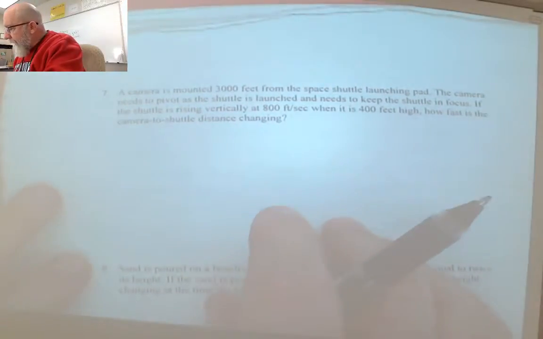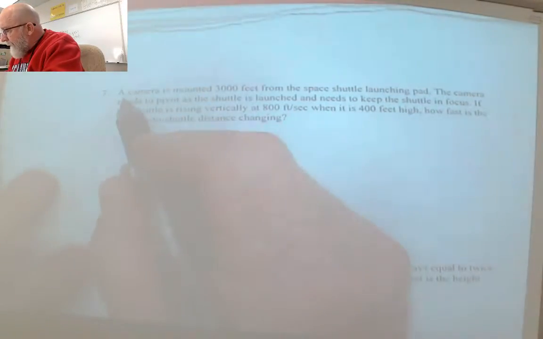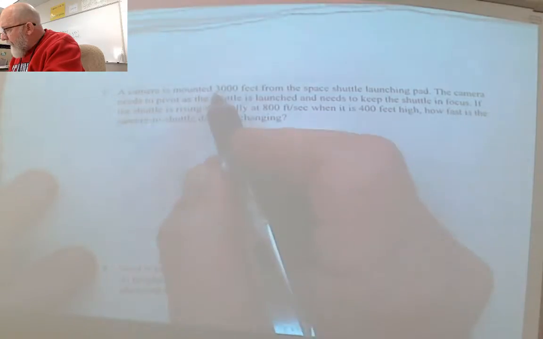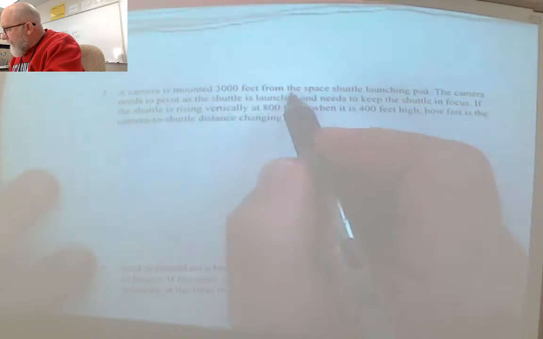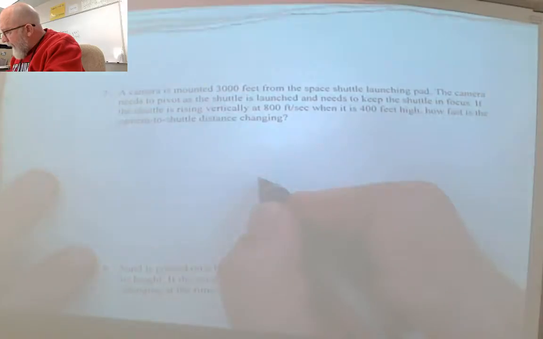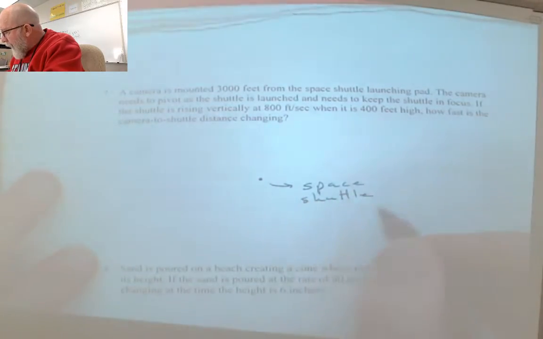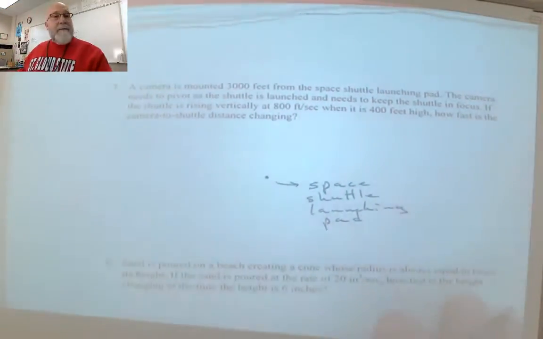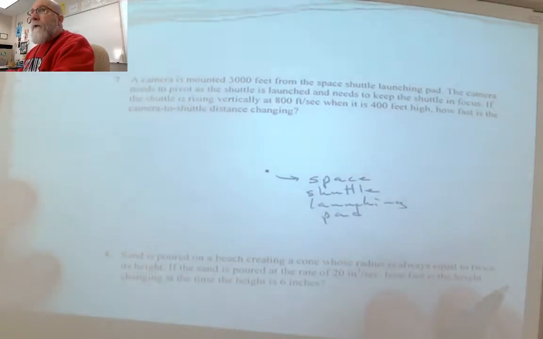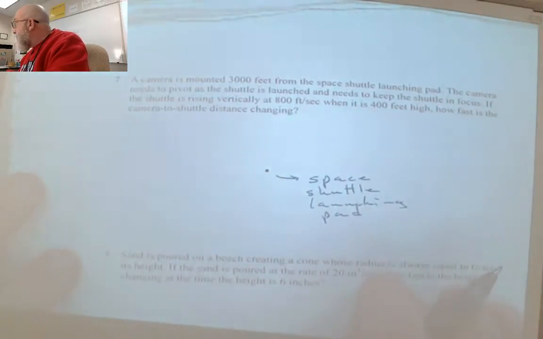All right, so here's a common problem. It says a camera is mounted 3,000 feet from the Space Shuttle launching pad. So right here is the Space Shuttle launching pad. When I draw, I make sure I label some things. It's helpful to get points.